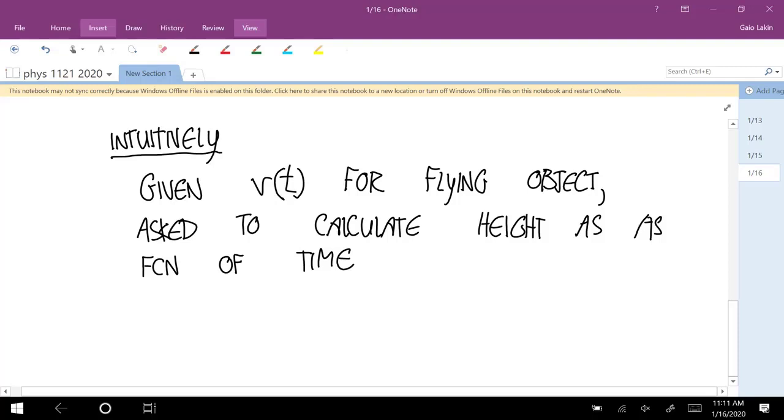So that's the idea of these constants of integration, these boundary conditions. If you're given the height at time equals 0, which is the most common, or at some other time, then you can figure out for the rest of the motion how high it's going to be.